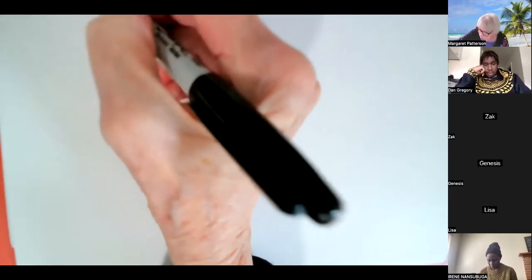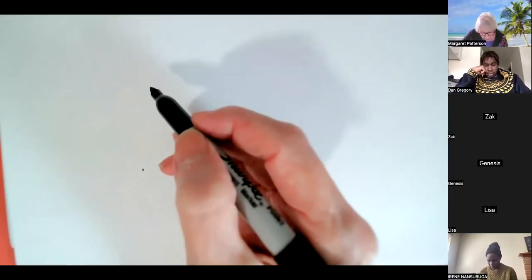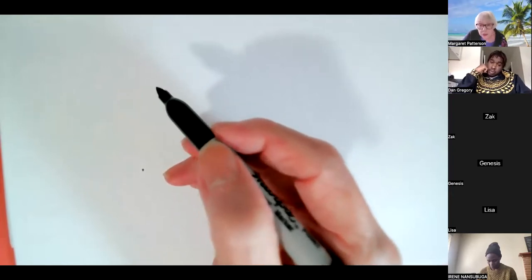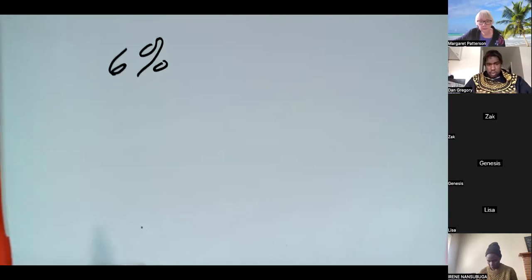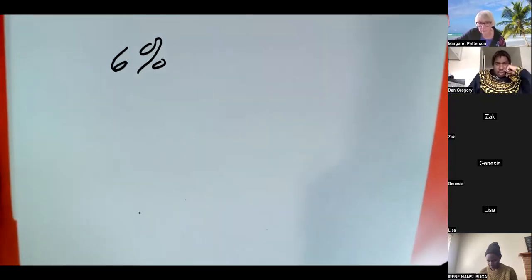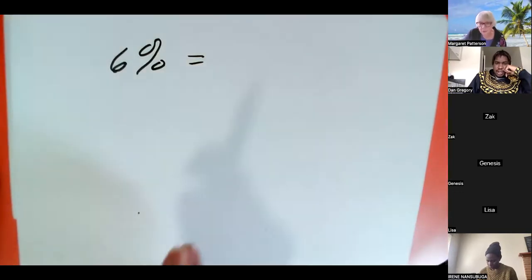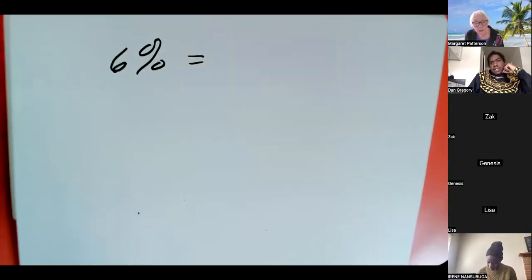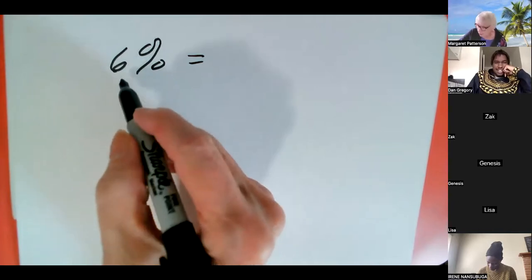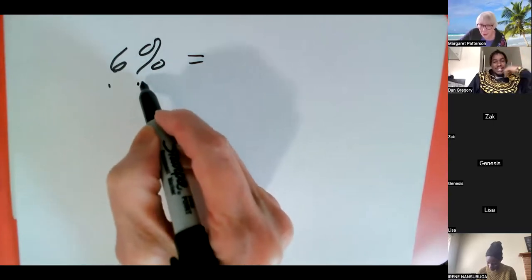Let's take 6%. Write it as a fraction. 6 over 100.